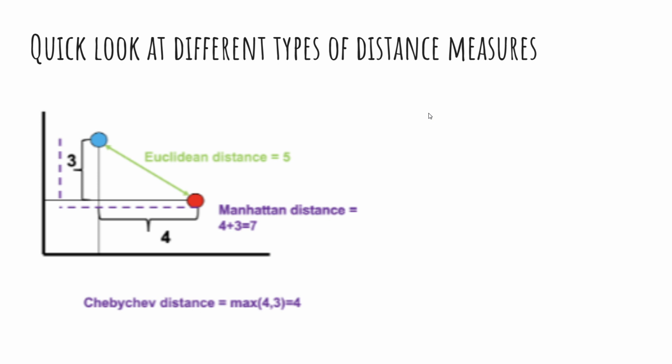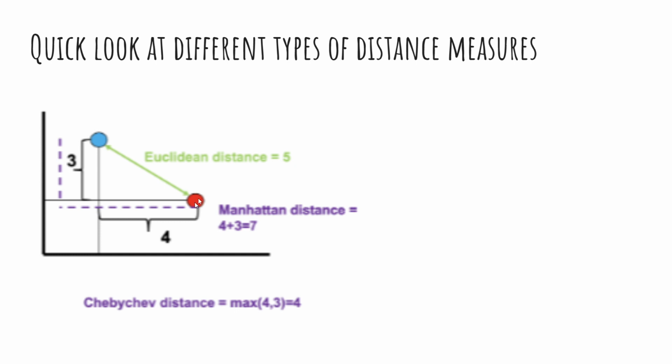Mainly we're doing Euclidean distance, but there's also the Manhattan and Chebyshev distance. So Euclidean, it's just Pythagoras' theorem, pretty much. You do 3 squared plus 4 squared is 25, and square root it to get 5. Manhattan distance is where you're not allowed to walk in diagonals. The closest way from here to here, you're either going to go 4 to the left and 3 up, or 3 up and 4 to the left.